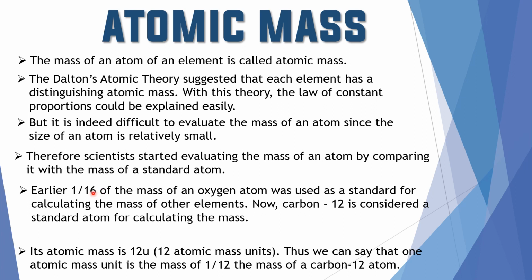So they took 1/16 of the mass of an oxygen atom as the standard, and with that standard they could calculate the mass of other elements. But now carbon-12 is considered a standard atom for calculating the mass.